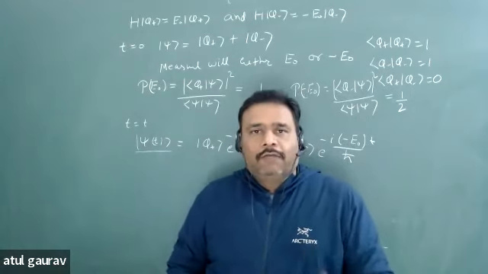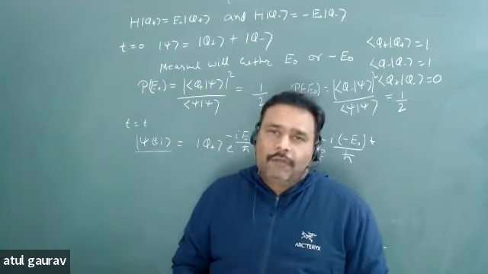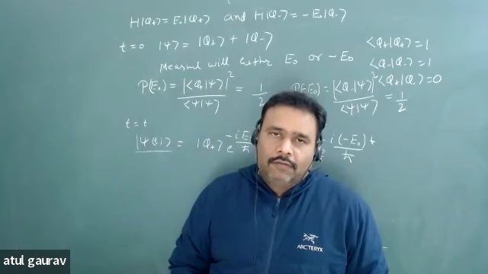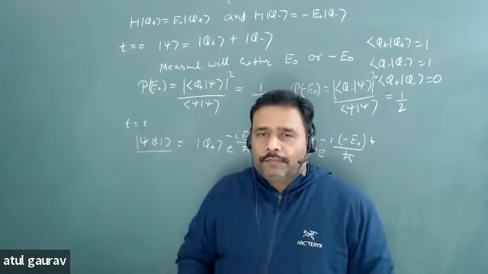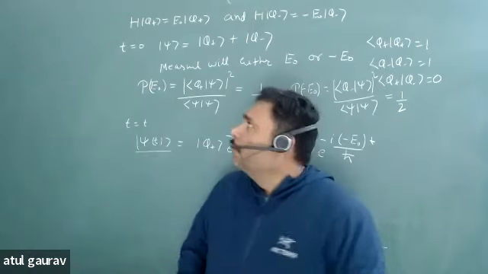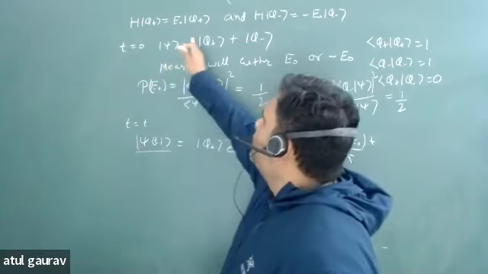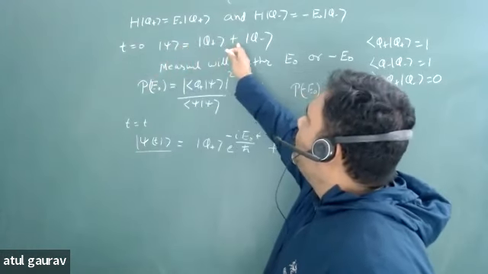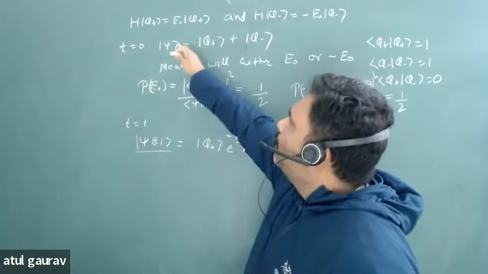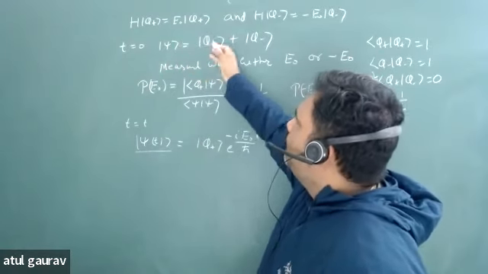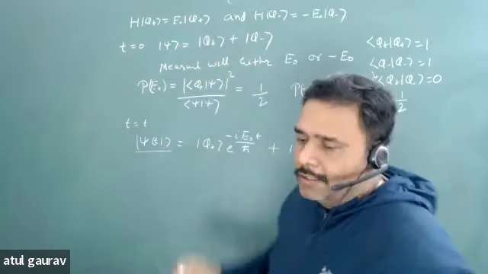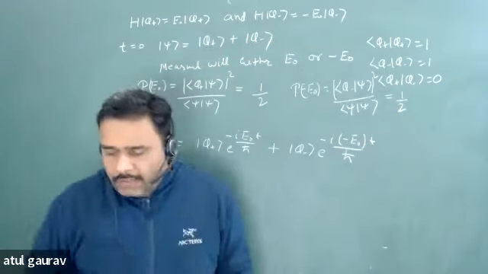And you can also check whether this state is an eigenstate of the Hamiltonian or not. So is this state an eigenstate of the Hamiltonian? No, sir. What will happen when you apply H here? You will get E naught here and minus E naught here. If you take E naught common, then phi plus minus phi minus. So this is not a stationary state. Just look here.